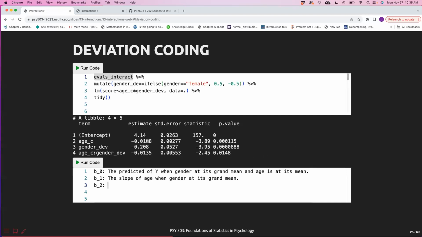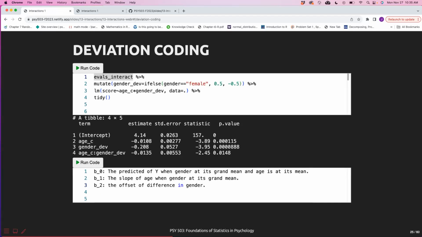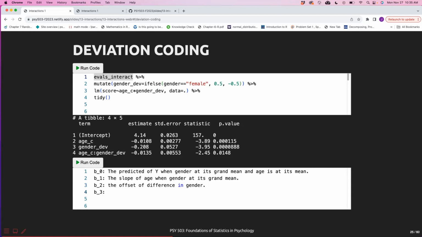The difference is still 0.21, just because that's what deviation coding affords us. It gives us the difference. And then B sub 3 is still our interaction term.